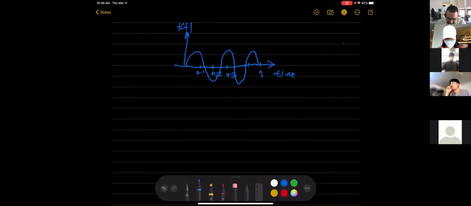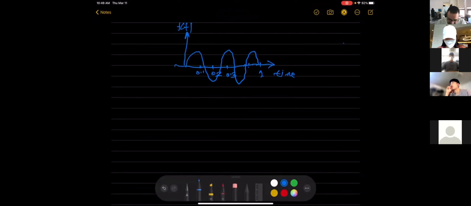Frequency is the number of cycles completed per second. So this is my axis in time, and this is my axis in anything, for example f of t. This is 0.1, 0.2, 0.3, and finally this is my 1 second. Then the number of cycles completed per second is my frequency.